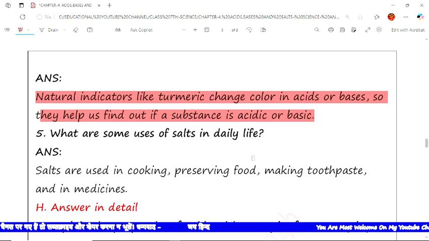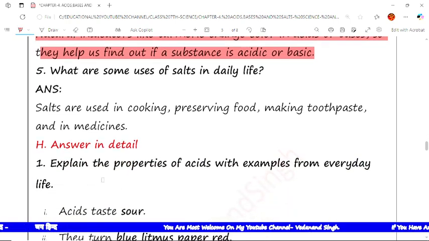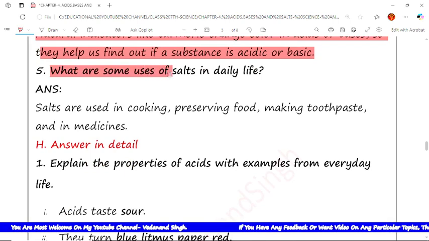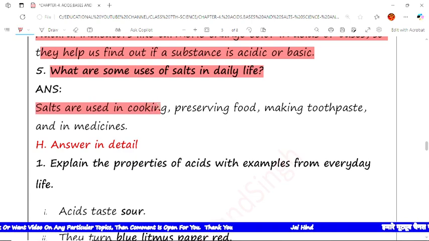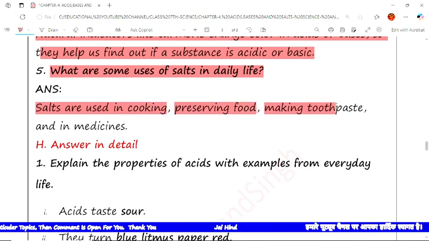Turmeric is also a natural indicator. Question number 5: what are some uses of salts in daily life? There are different uses. Write the answer: salts are used in cooking, preserving food, making toothpaste, and in medicine.